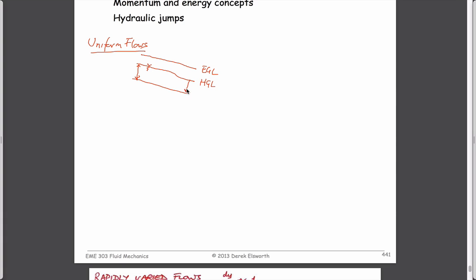Don't really know where it comes from actually, but let me do this vertically. And so by definition, y upstream and y downstream are the same.